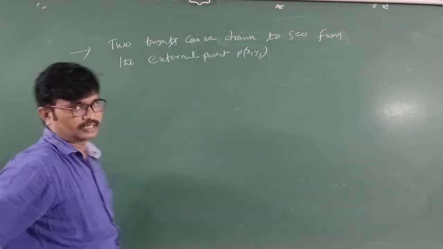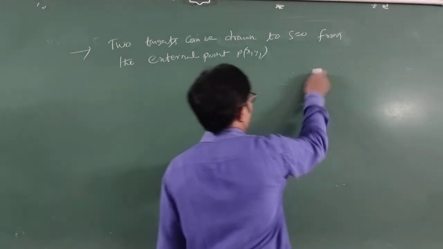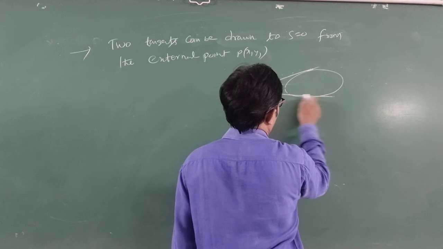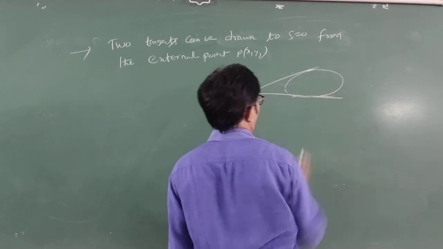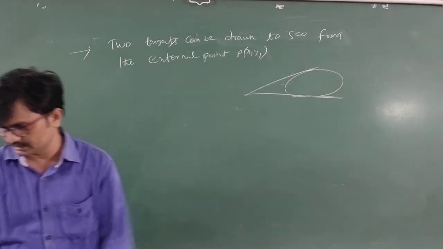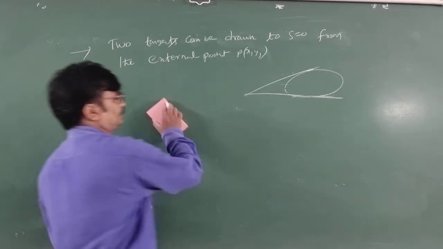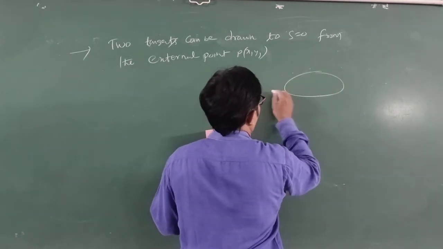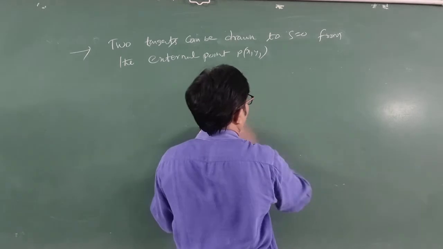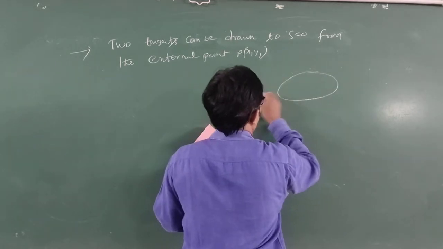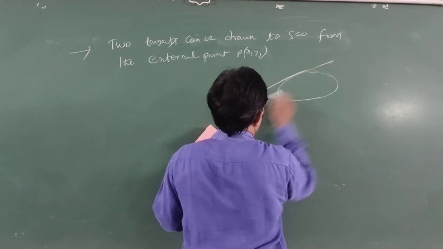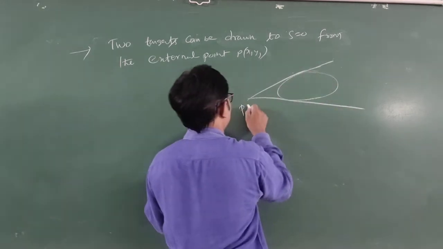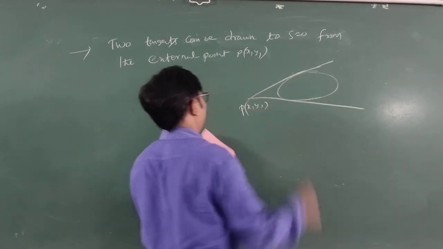So students, we have to know that this is one tangent, this is the other tangent. There exist only two tangents. This is the first one, this is the second one. So this is the point P(x1, y1).